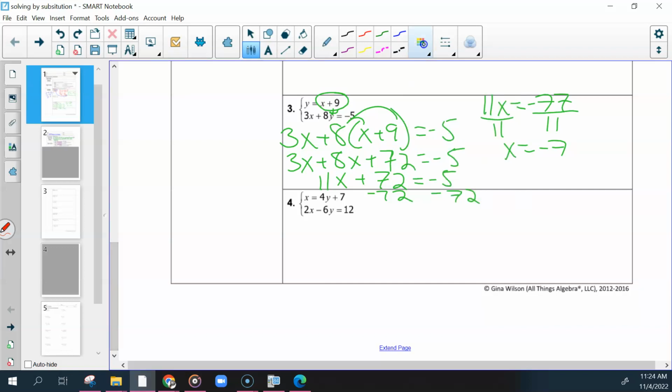So then we can take this x value and put it back into the x of our y equation to figure out what y is.